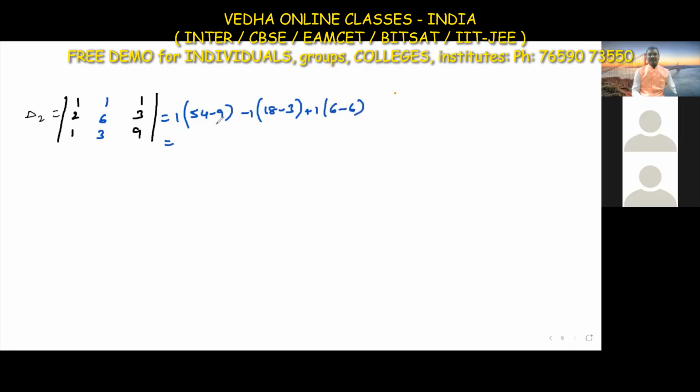This equals 54 minus 9, that is 45, and 18 minus 3 is 15, minus 15, and 0. This means we are getting 30 here.